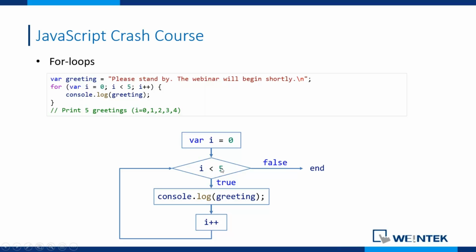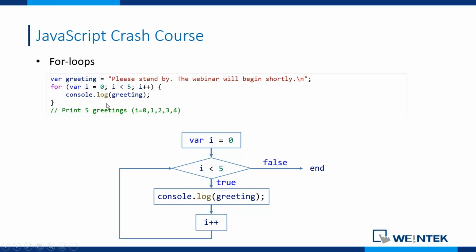If i is less than 5, which is true, then print out the greeting, and i++, which means i plus 1, and then here, and then here, and then here again. So i will run from 0, 1, 2, 3, 4, and then this statement will be false and go to the end. So in this code, I actually print 5 greetings. So this is for loops.